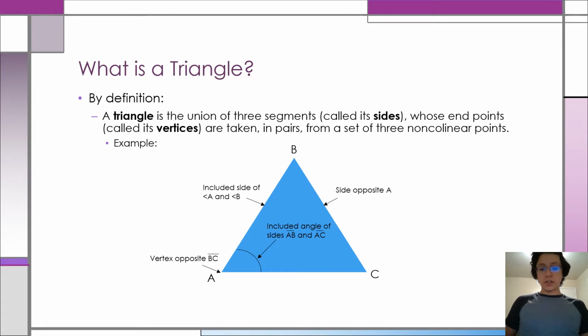Now, what the diagram is showing is that there is an angle there at the corner of A, or point A, or vertex A, which, again, the diagram states that the vertex opposite of BC is A, or that the side opposite of A is BC, or that the included side of angle A and angle B is side AB, and that the included angle of sides AB and AC is angle A. So this is just to help demonstrate more visually what the definition of a triangle is that the book states.